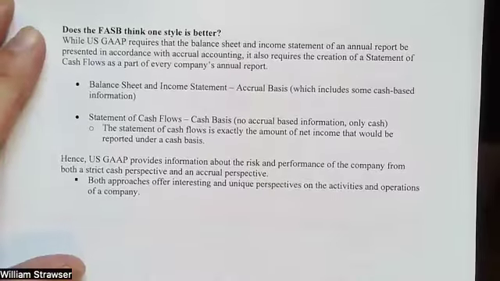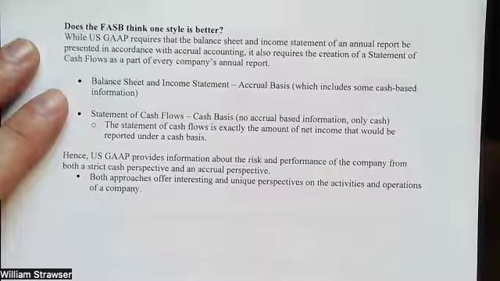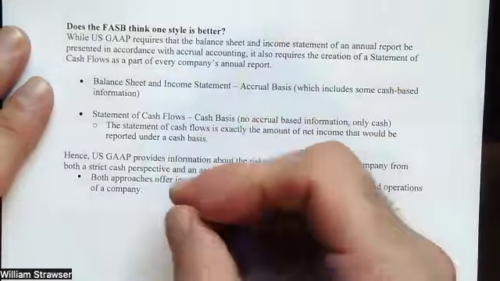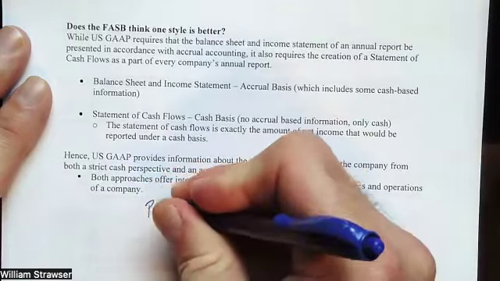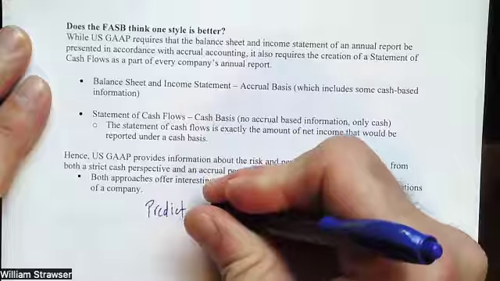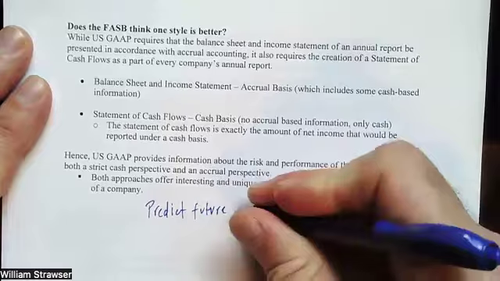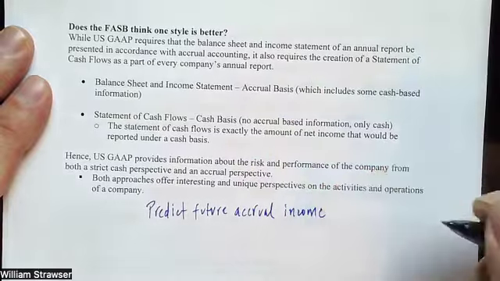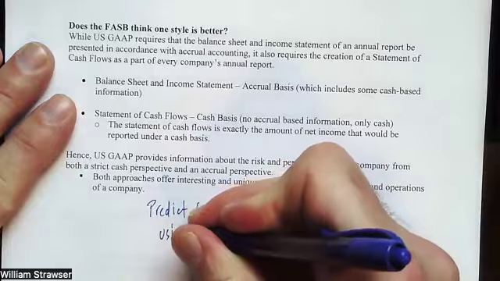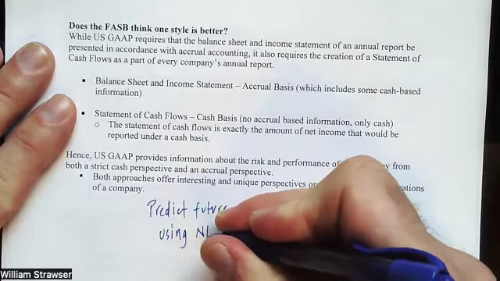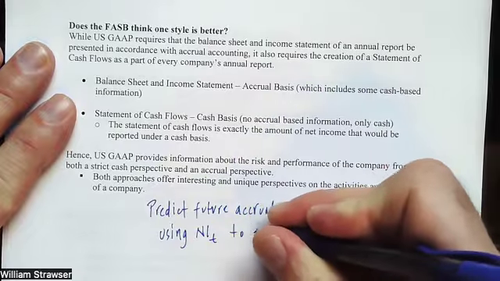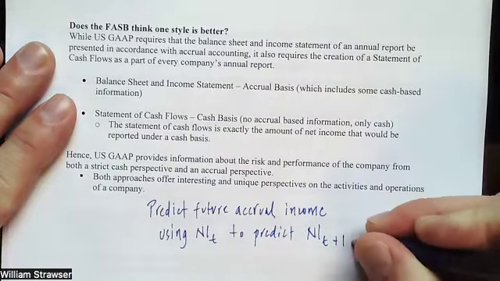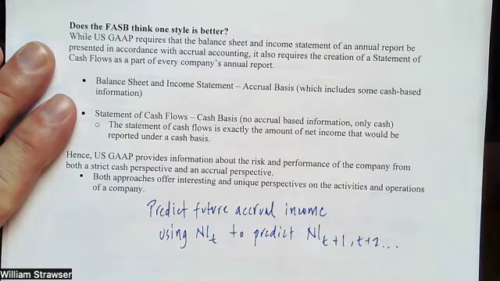And one thing I do want to reiterate, just real quickly, which I believe is said in the notes, is a pretty interesting concept: if we are looking to predict future accrual income with financial statements, so we're using, for example, net income at time t to predict net income at time t plus one or t plus two, wherever, way out, future accounting.